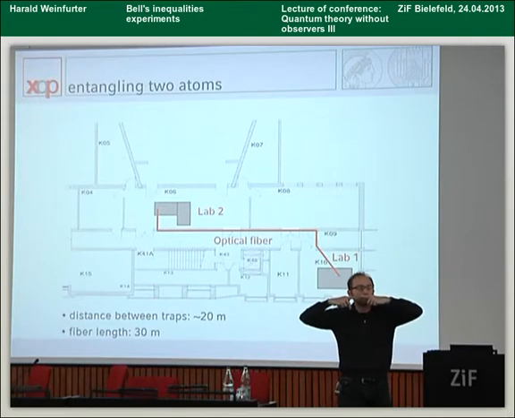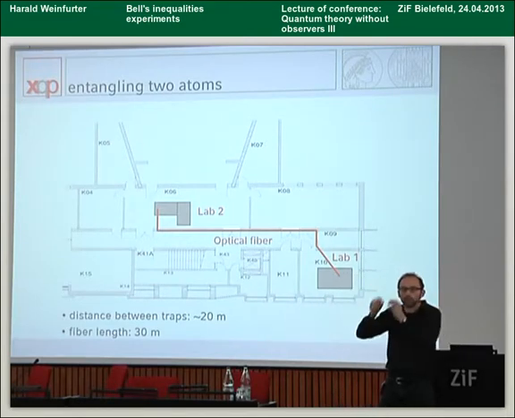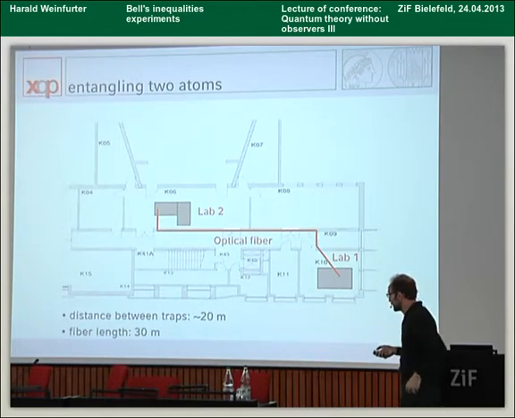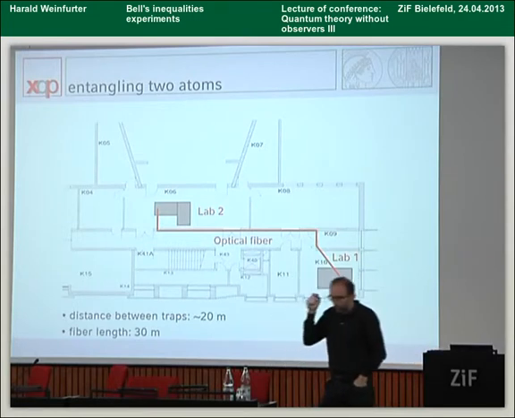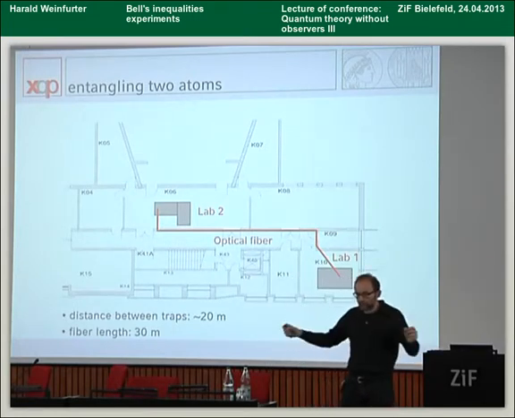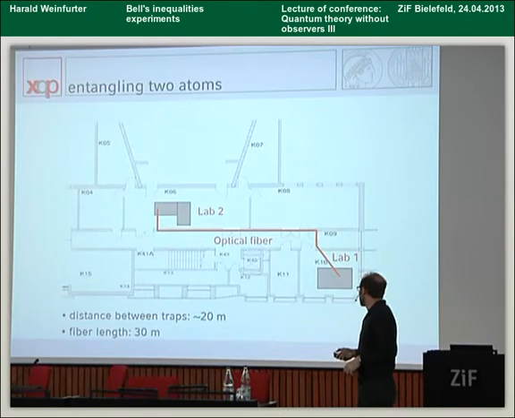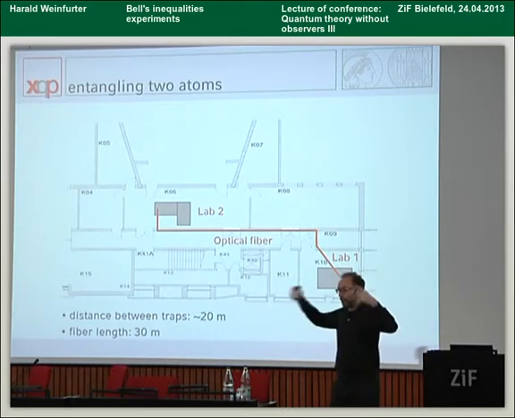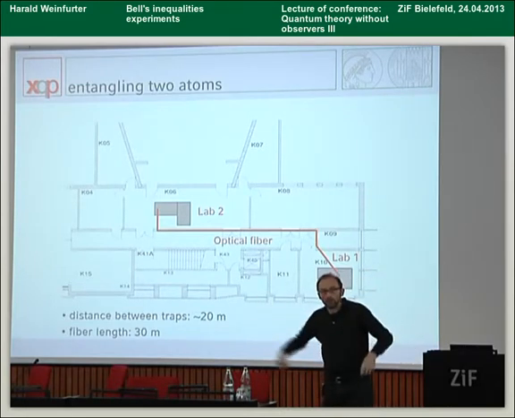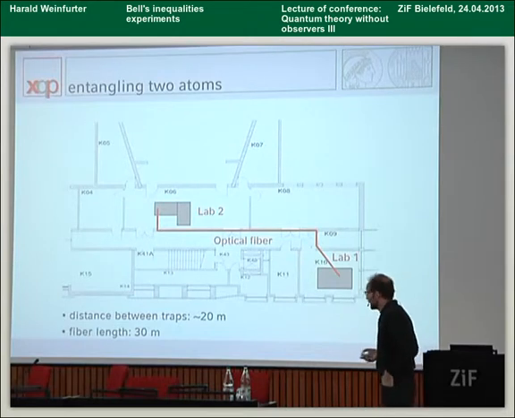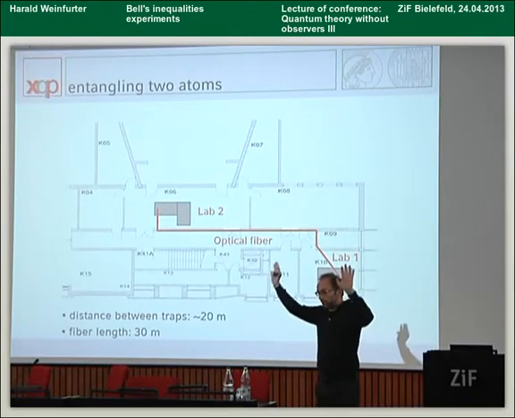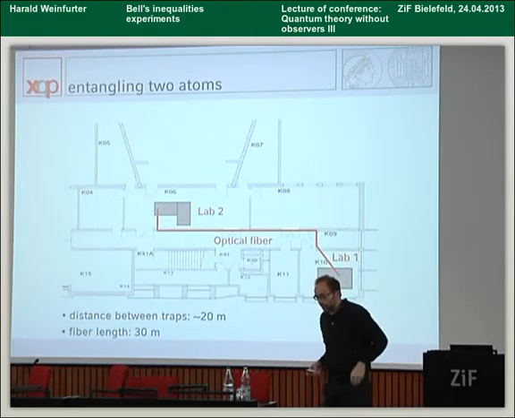They are only synchronized via a synchronization signal which comes every millisecond, and they have a common clock of 100 megahertz. But that's the only connection between these two experiments. Everything else is done completely autarkically in each lab.